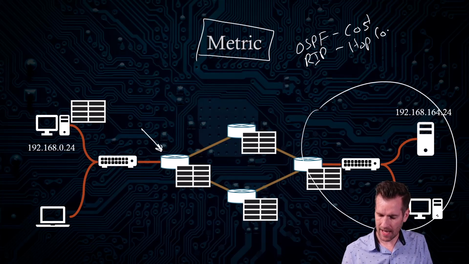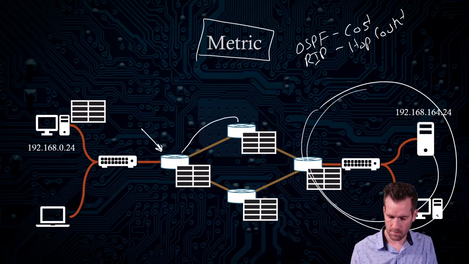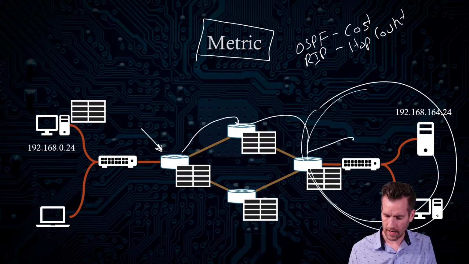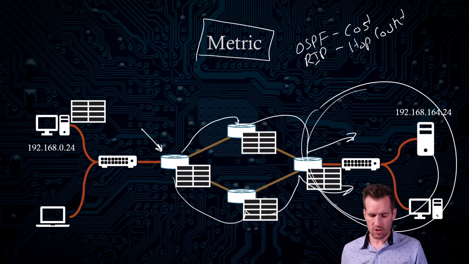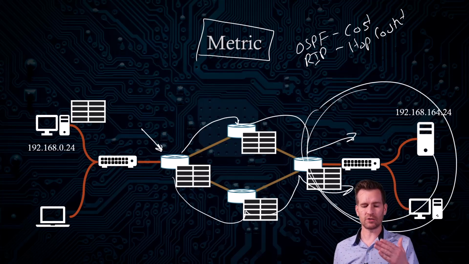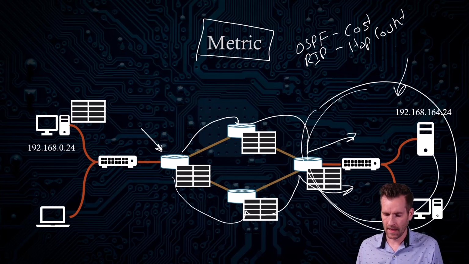So let's take a look at hop count. If it were to go this direction, it would be 1, 2, and then it would get into that network. In this direction, it would be 1, 2 to get into this network. So it's treating both of these routes as being the same to get to this final destination.